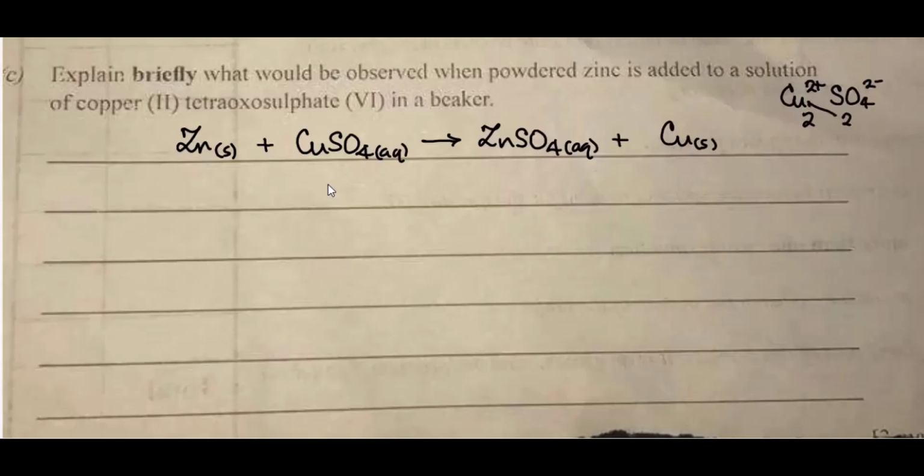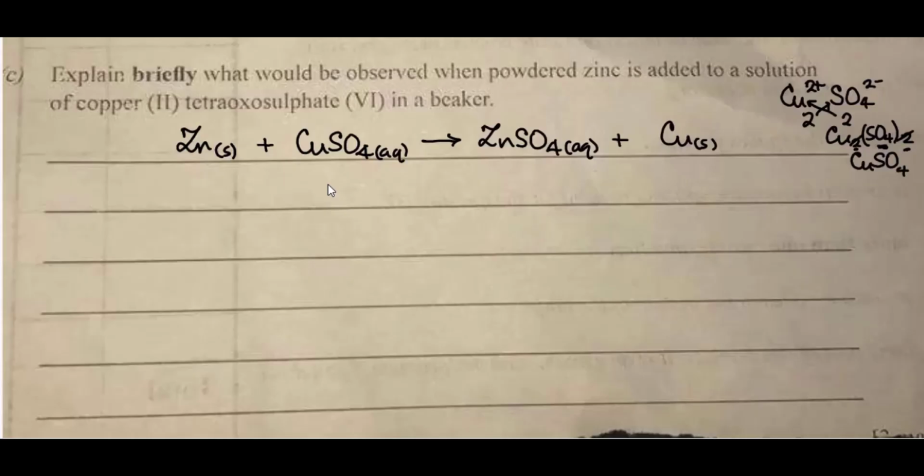When they exchange the valencies, it becomes Cu2(SO4)2. Now this SO4 is acting as a unit, so it's a radical. Since the valencies are the same, they will cancel out, leaving us with CuSO4. The same thing is applicable to zinc SO4, because zinc has a charge of +2. So this is what happens.